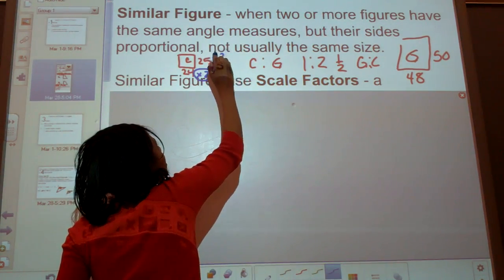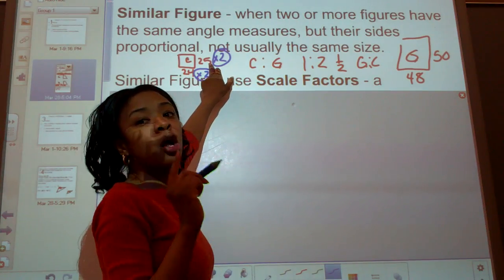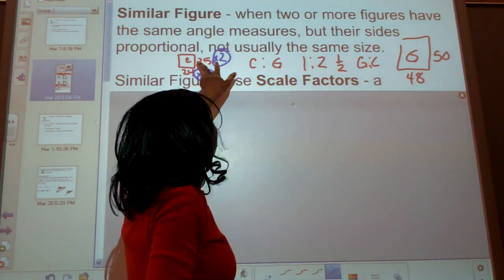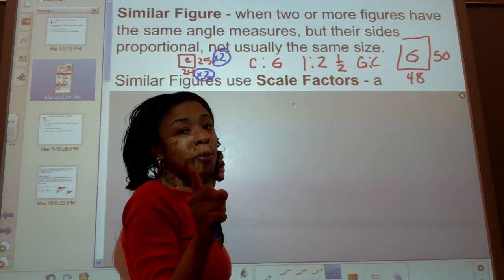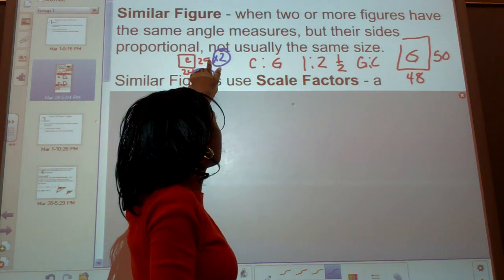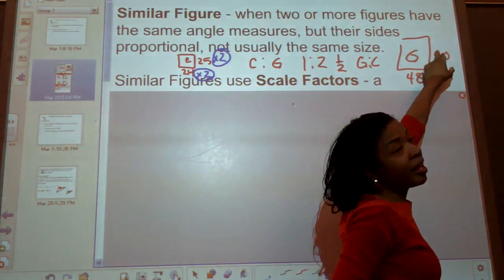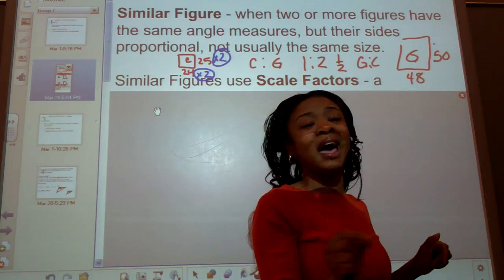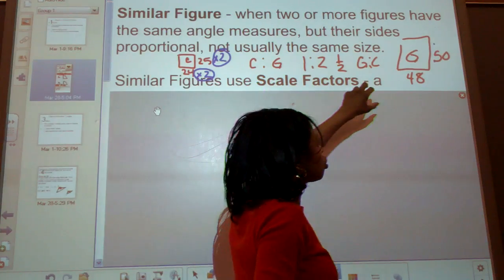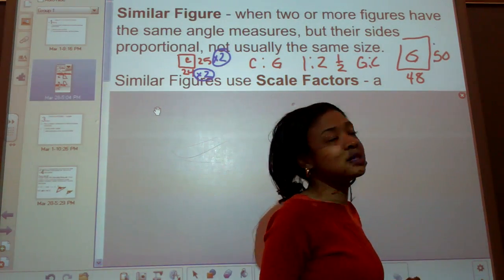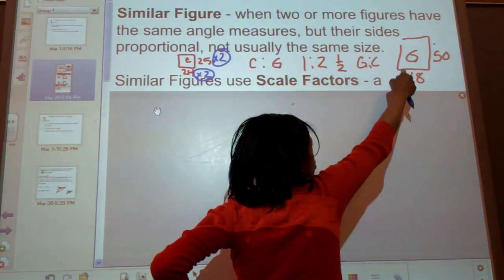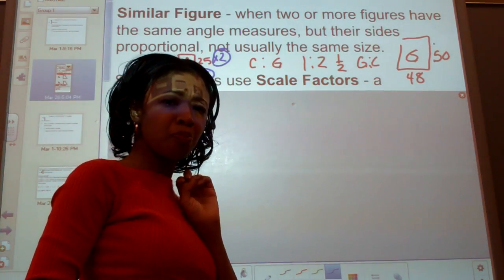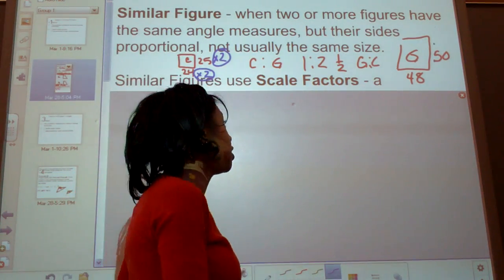So if I multiply by 2, the width of the gym had better be 50. Well, 25 times 2, look at that, it's 50. Therefore, because every side is exactly 2 times larger on the gym, the classroom and the gym are similar figures.